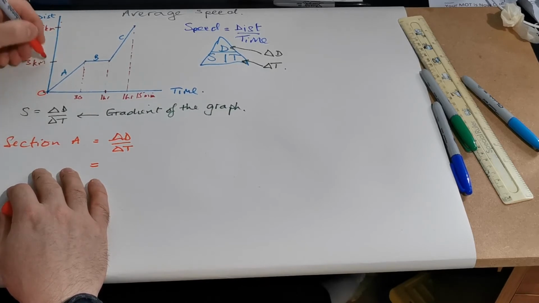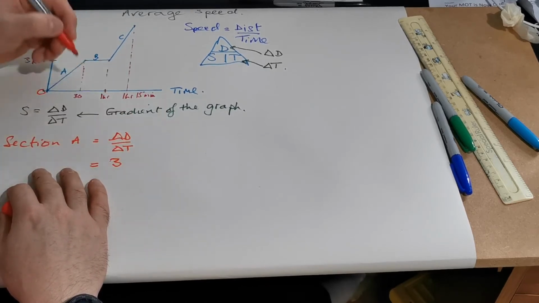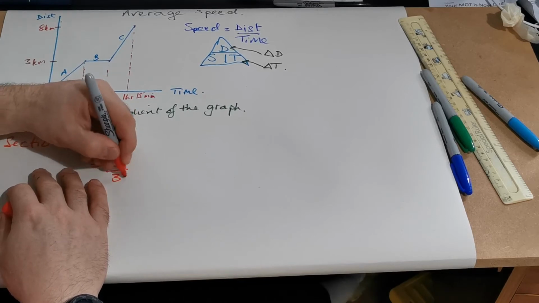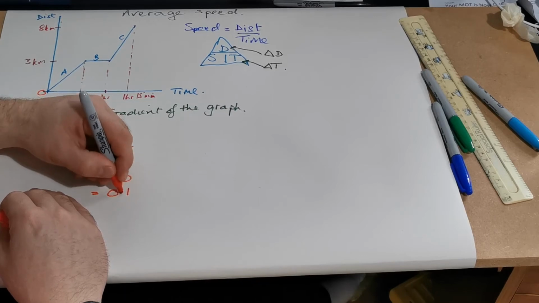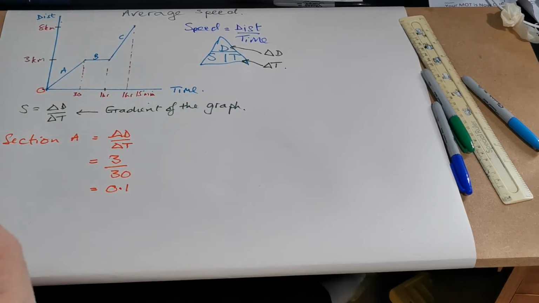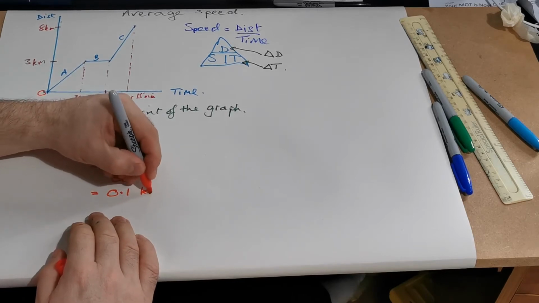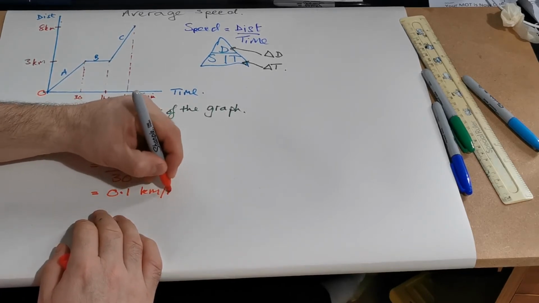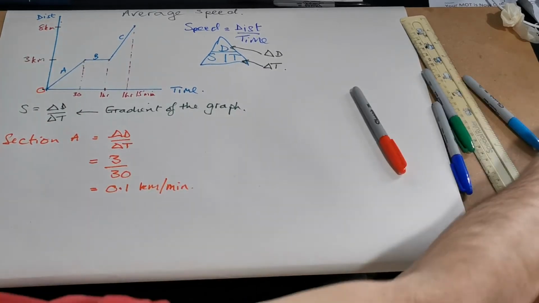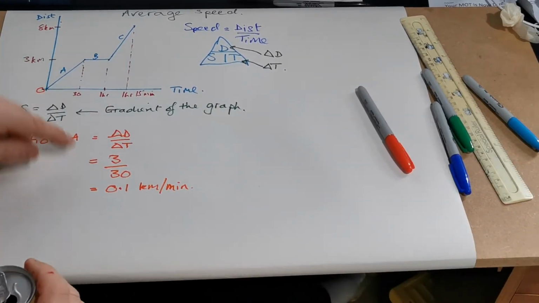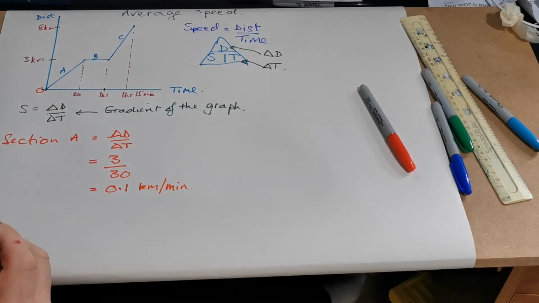It's gone from 0 to 3 kilometres, so that's 3 kilometres over 30 minutes, which equals 0.1. And I'd like you to think what that means. That means that many kilometres per minute. So, in every minute along, you go 0.1 kilometres per minute.